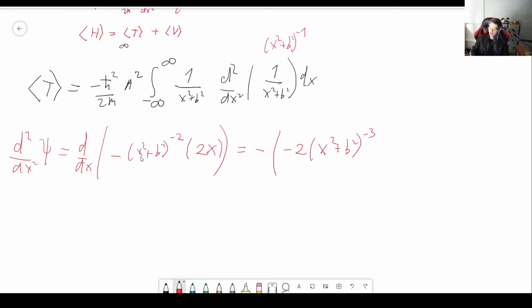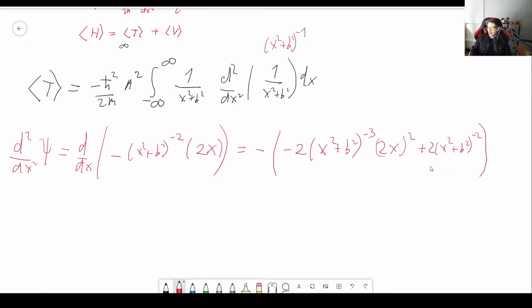And then we multiply by the derivative of what is inside, which is 2x. But there is another 2x here, so this is going to be squared. Okay, and now we need to differentiate this part. So there, it's going to be plus 2 times x squared plus b squared to the minus 2.